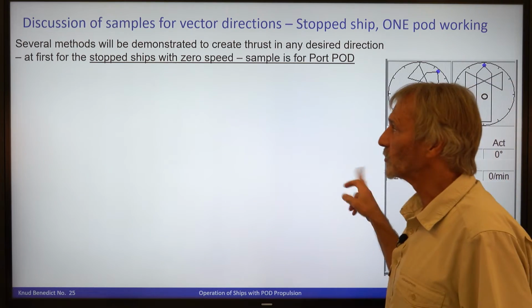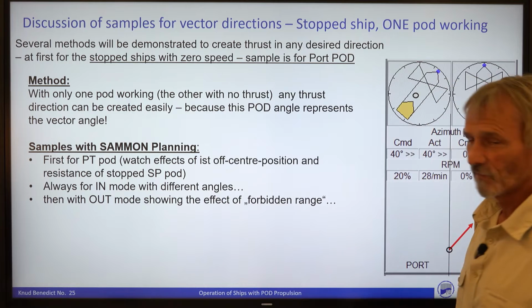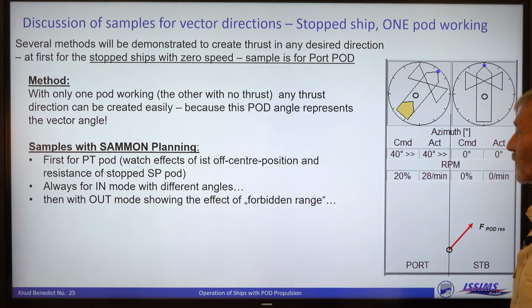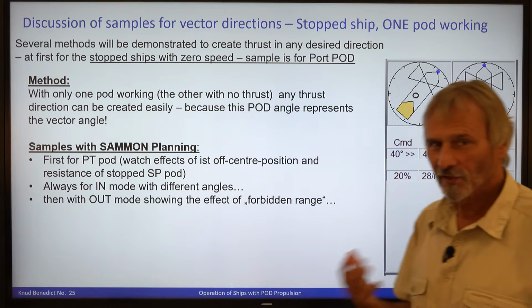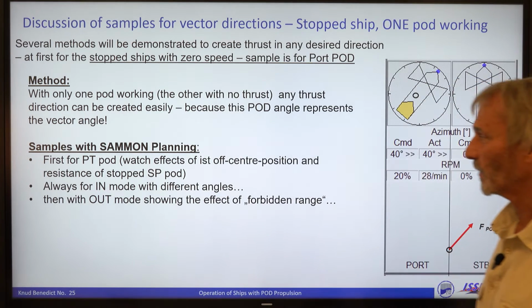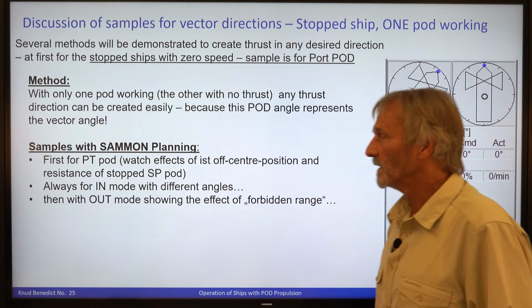This has some advantages because with only one pod working, the other one with no thrust, the total resulting vector is the one thrust force from that only one. And I will show some samples.